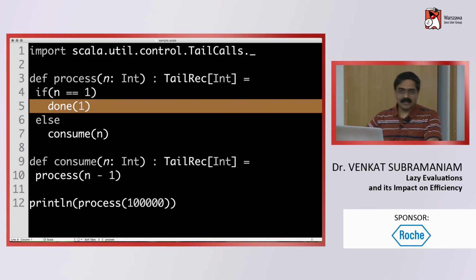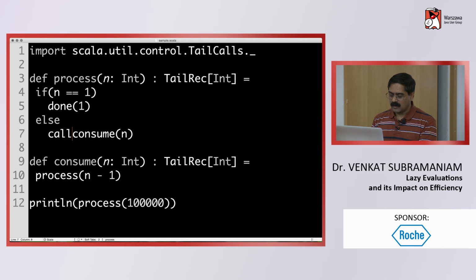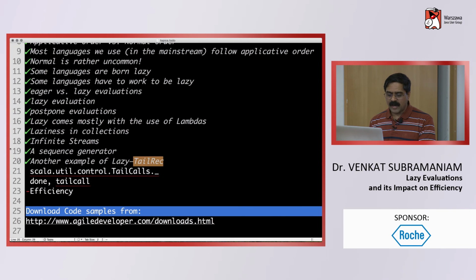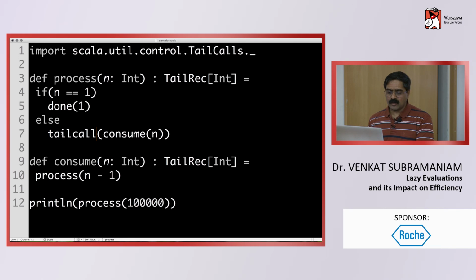I'm going to return the result and not call you back. On the other hand, you can come here and say call, and you can then pass that to the call object. The call object basically says, it's a tail call object, and it basically says, I'm going to go ahead and make a tail call, wraps that function in and says, I'm going to go invoke that particular call function right now. So that becomes really a lambda to invoke very comfortably for us.